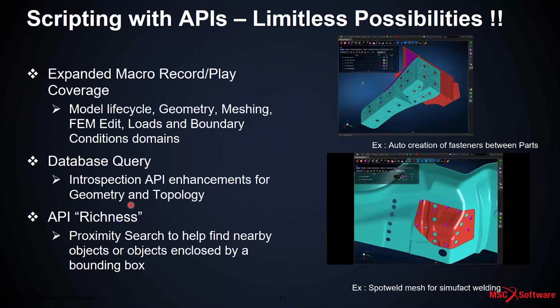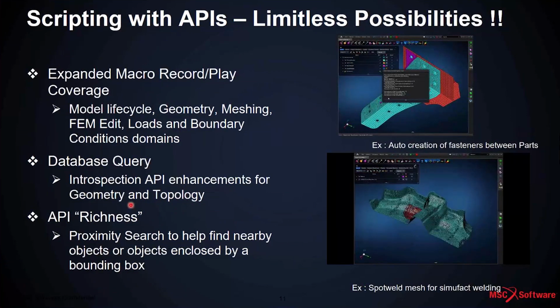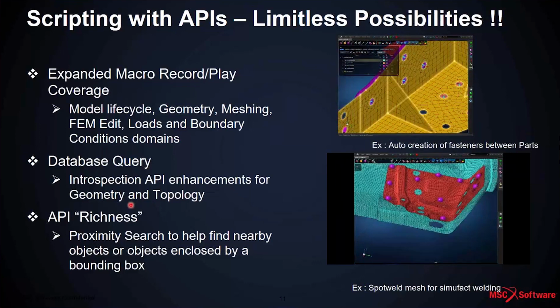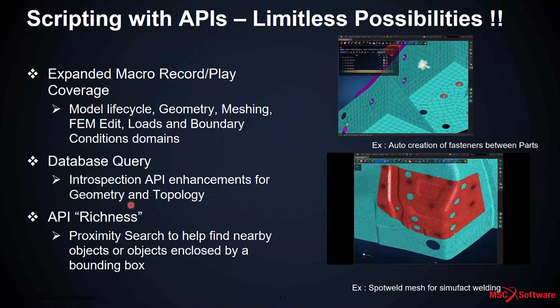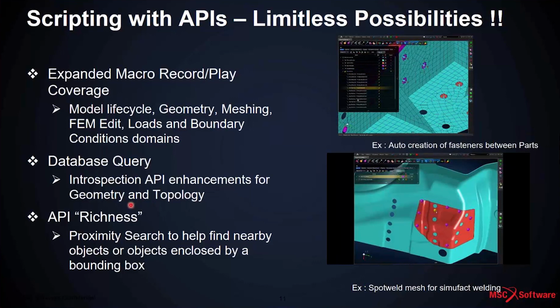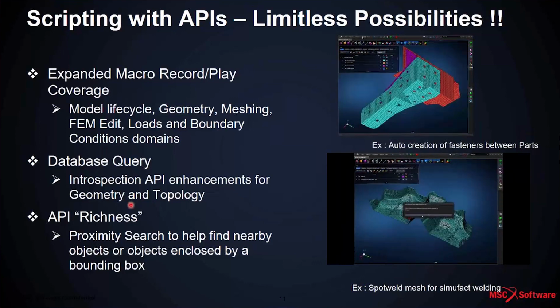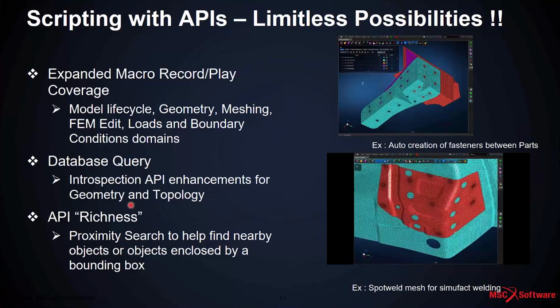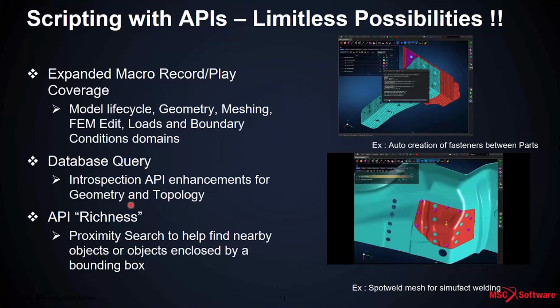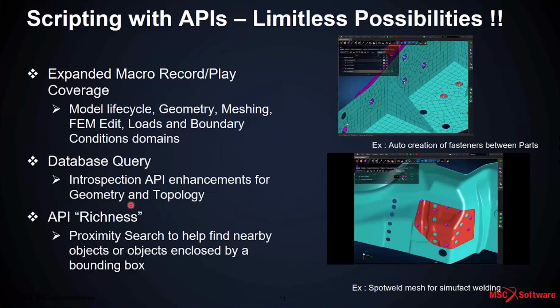And the scripting. Scripting is open in Apex. Although it was released in previous releases, in Apex now I call it limitless. The amount of scripting that you can do is limited only by your imagination.